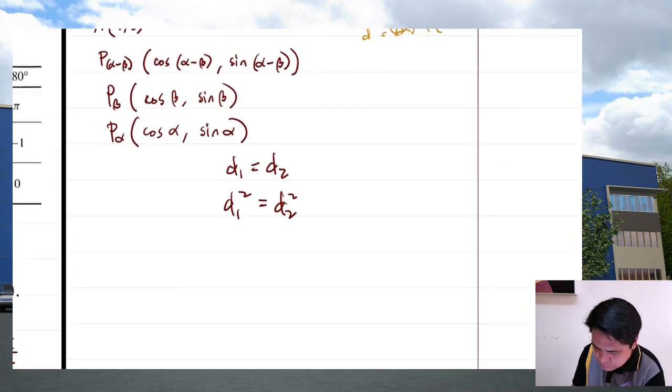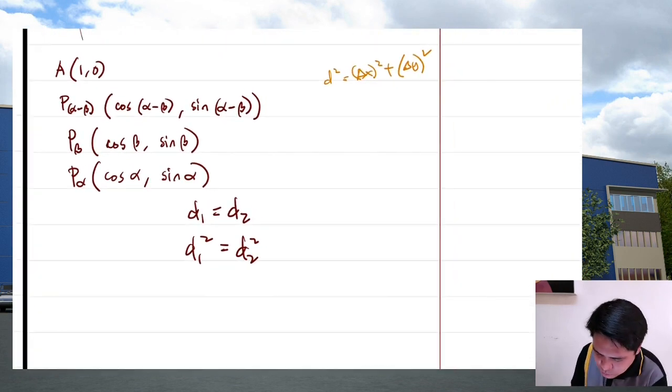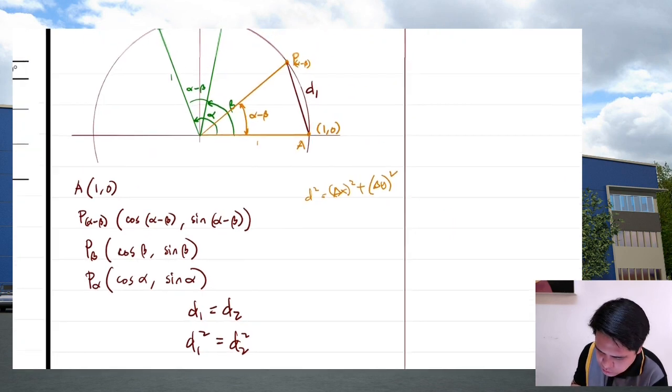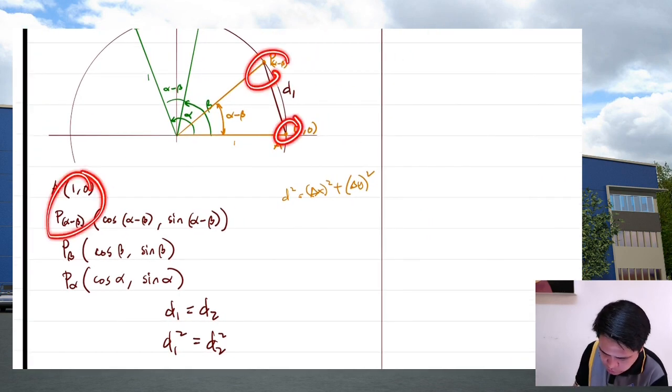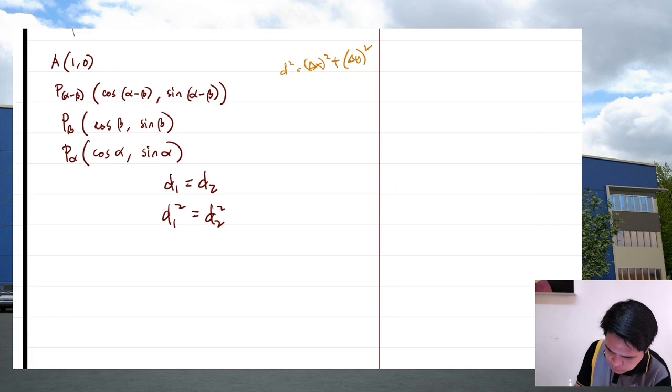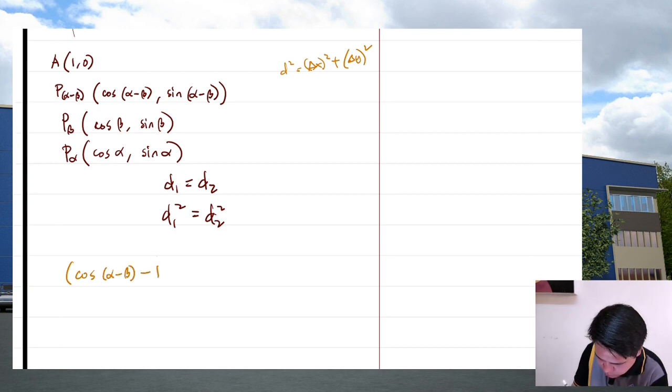Now, we are looking for the distance between this point and this point. So, ito yon. So, that would be cosine alpha minus beta minus 1.